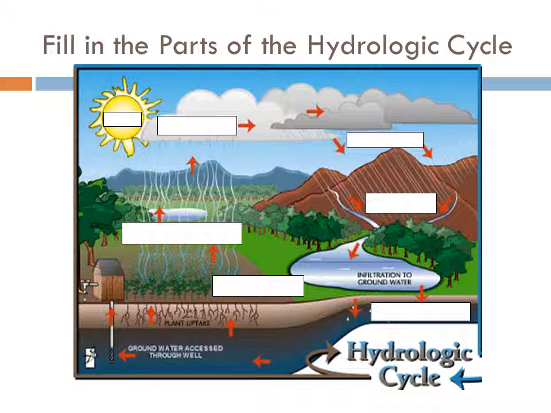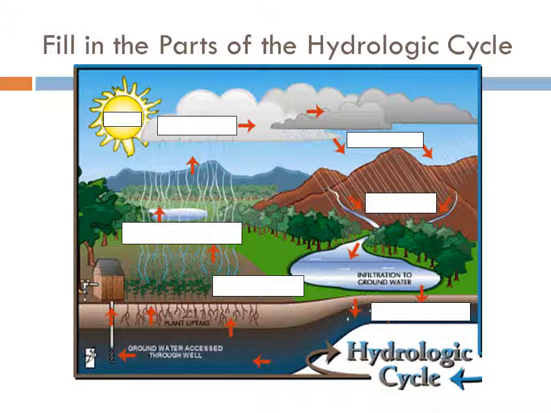Okay, as that moves over, so we're following the arrows over to the right, the dark gray clouds, once it continues to condense and cool, then we can get precipitation. So the box that's just at the top of the mountain there is precipitation. We've got water falling from the clouds down to the earth.